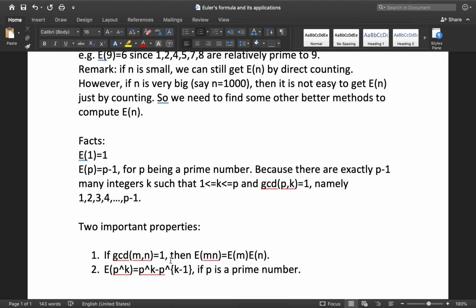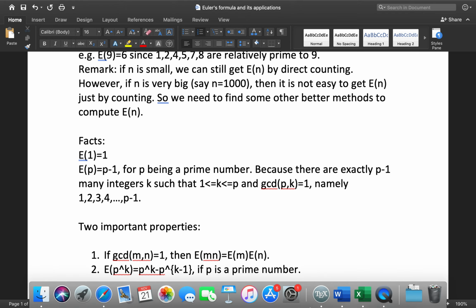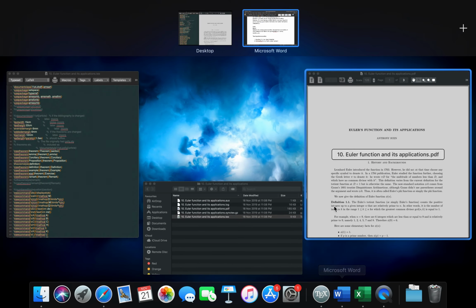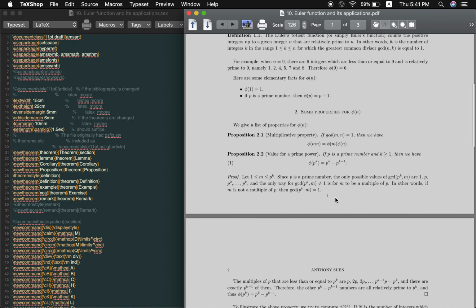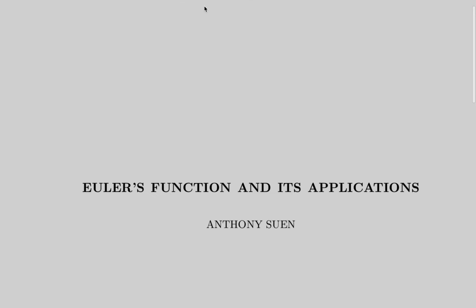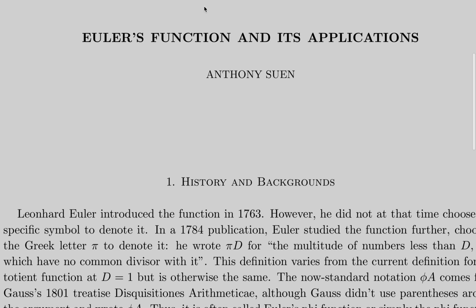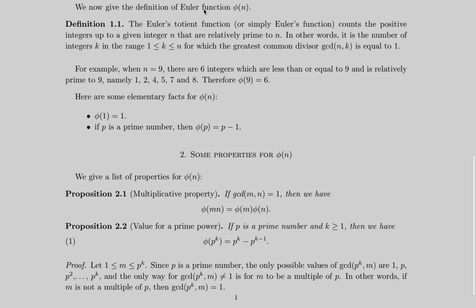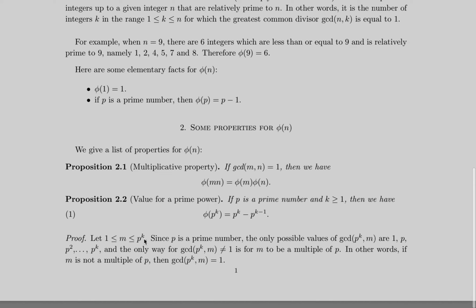But on the other hand, the second one, I will prove it. I will show you the proof. In fact, the proof is already available in the notes, so let me go through it with you. I don't want to type it, but let me just go straight to the proof. Actually, the proof is quite easy.